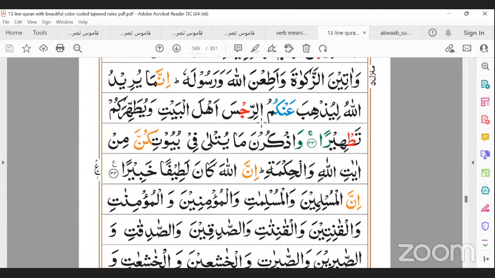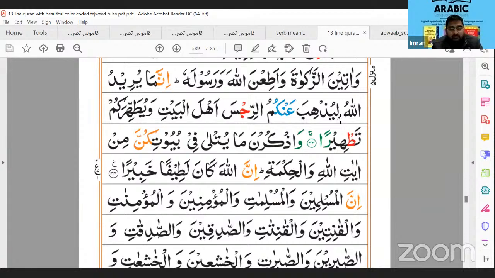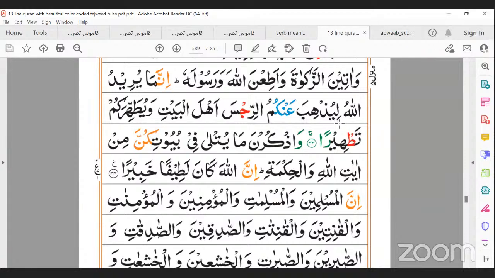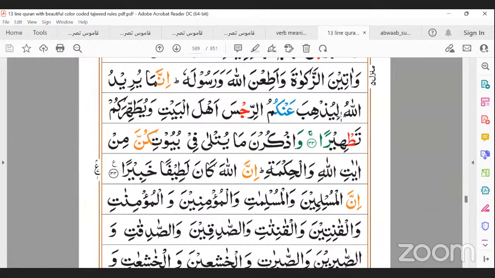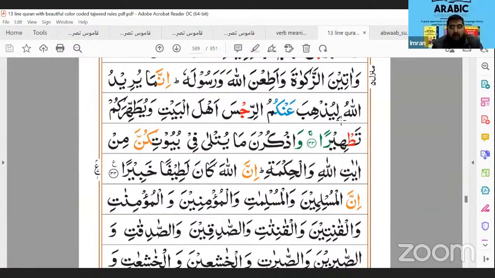Sheikh, I want to ask you a question. I thought that the li there would have caused the ba to take a kasra. Isn't that so? No, that's understandable. There are different types of lams. This lam is normally a preposition, but sometimes there is another type of lam which comes in front of the present tense.